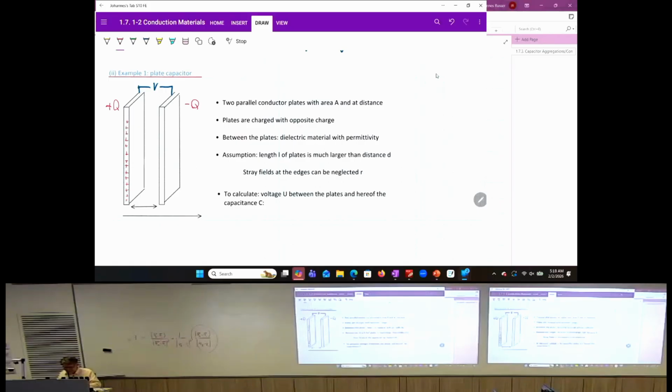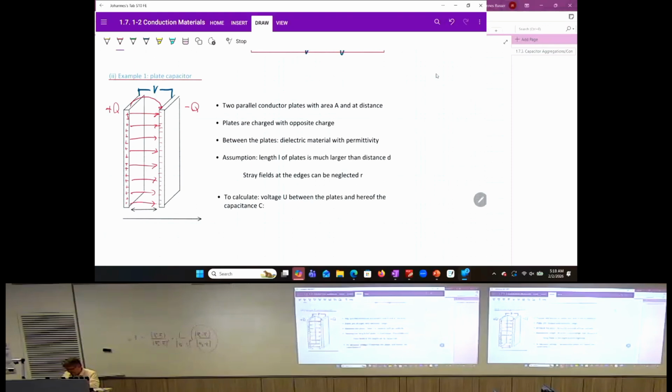And they distribute over the entire surface, but to the surface turned towards the other plate. And then you have electric field lines. You have inside a homogeneous electric field, and nearly all of that is concentrating, but of course you have also field lines like that. But these we denote as stray fields. They will not be the major contributors to the electric field.